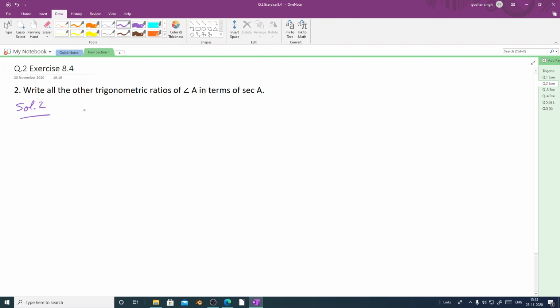So solution 2, let us take sine A. Sine A we have to write in terms of sec A. So sine A can be written as root of 1 minus cos square A, because sin square A plus cos square A is 1, and sin square A is equal to 1 minus cos square A. So if you take the root of that, we will get sin A. Now cos can be written in terms of sec, so we can rewrite this as 1 minus, we know that cos A is equal to 1 by sec A. So this is 1 by sec A, and because it is squared, we put the square here.